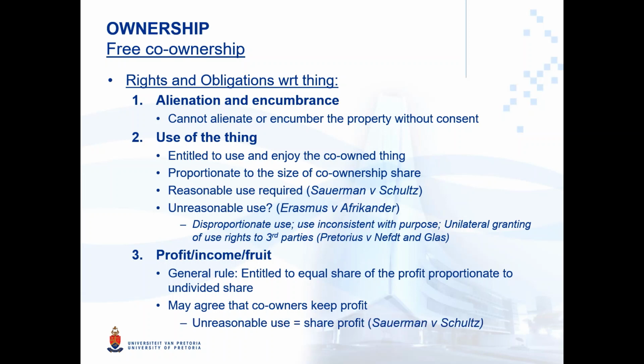However, where this co-owner fails to use the property proportionally, meaning the co-owner's use is not proportionate, so it's unreasonable, he or she must share the profit with the other co-owners, irrespective of this agreement. And this was confirmed in the Sauerman versus Schultz case.